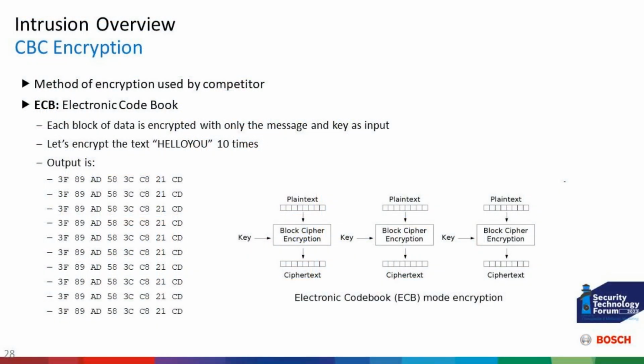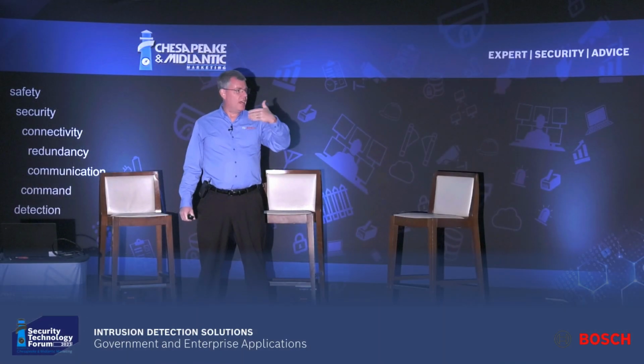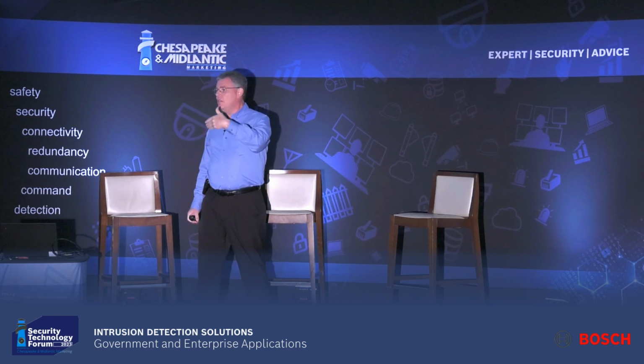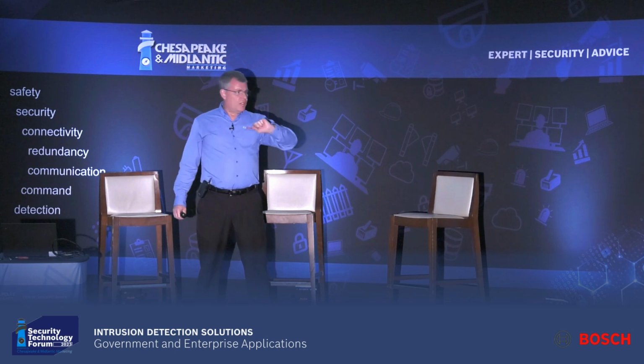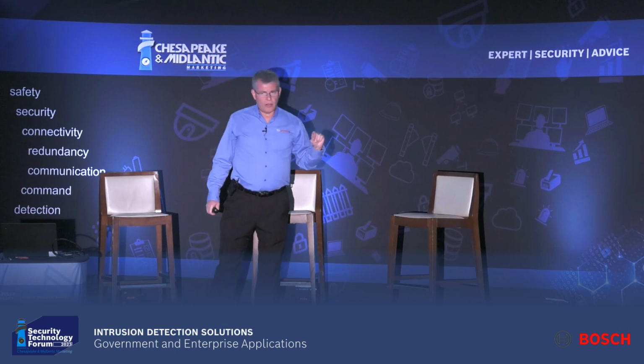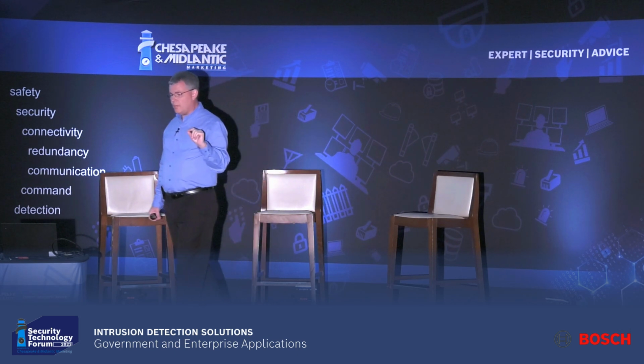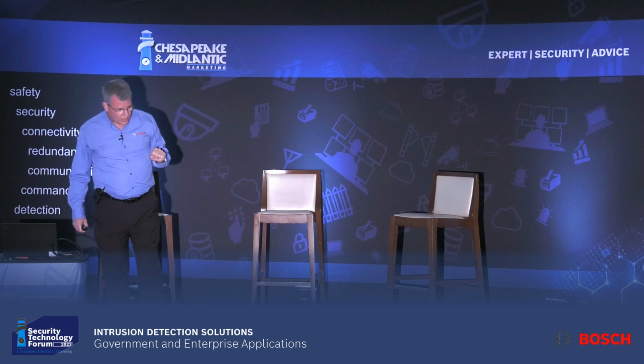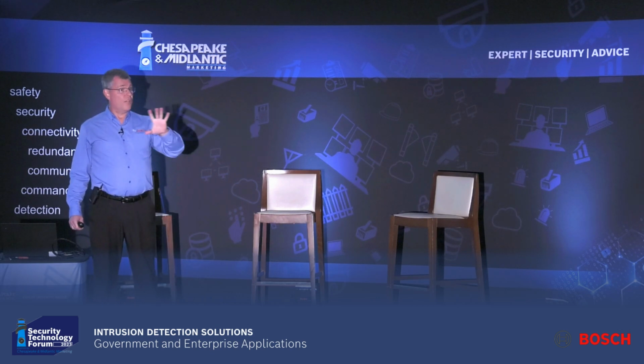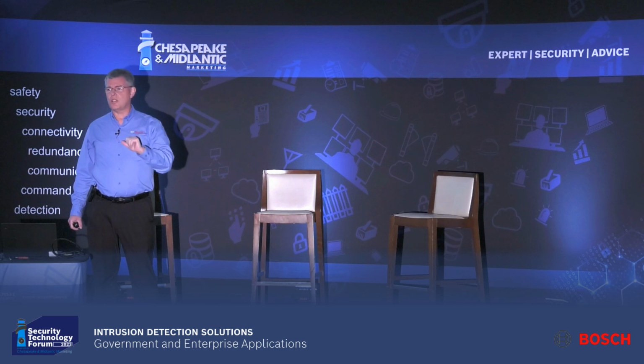I want to talk about encryption for a second, because I mentioned, especially for a SCIF, encryption is very important. Bosch, and I also said, if you recall, Bosch has the highest level of encryption in the intrusion industry, okay? There's different types of encryption that are out there, and if you do some research on us and our competitors, and you go to the NIST encryption site, it'll tell you what type of encryption they're using.